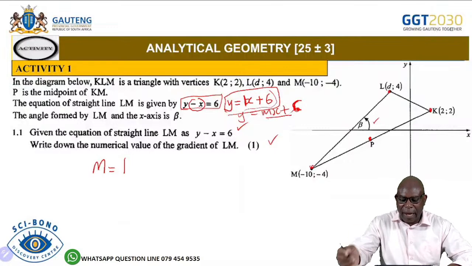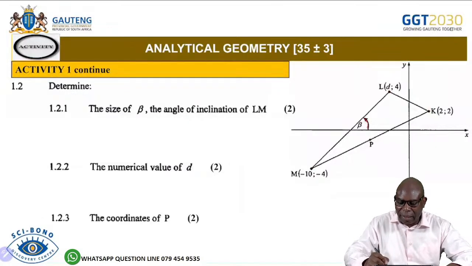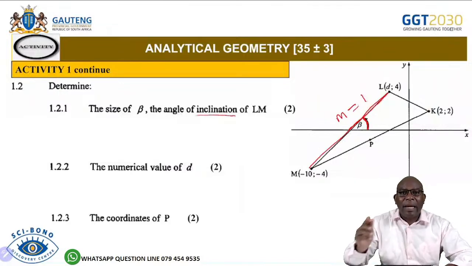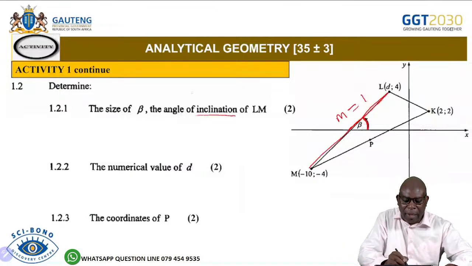Now the size of that angle here. Already I've got the gradient of that line, isn't it? I know the gradient of that line is 1. So what do you know about the angle of inclination? It is the angle that is formed between the x-axis and the straight line.